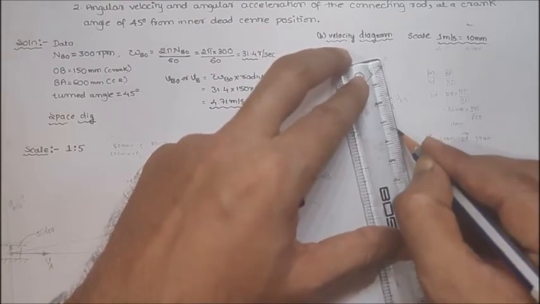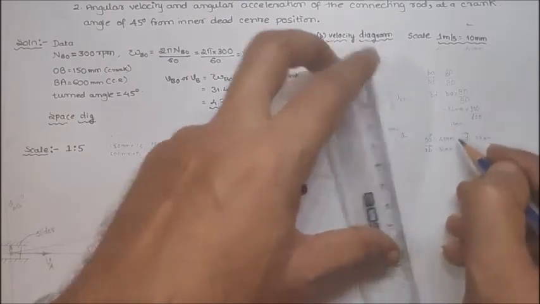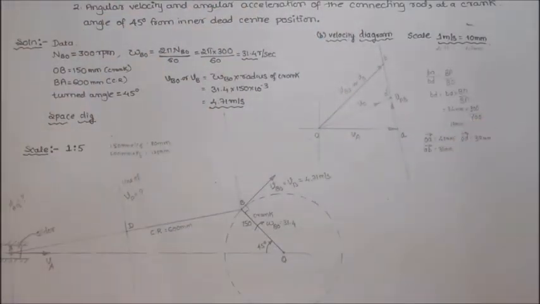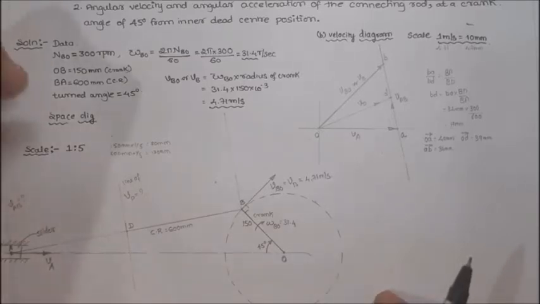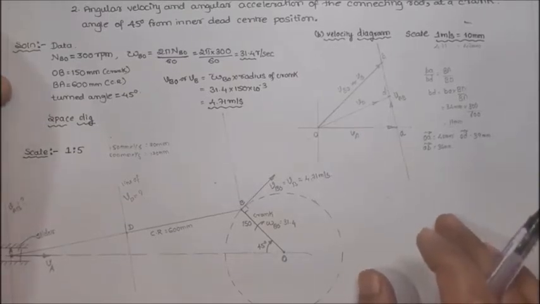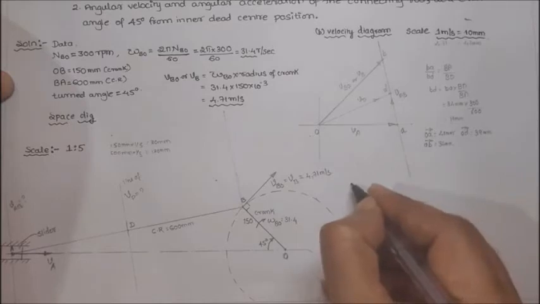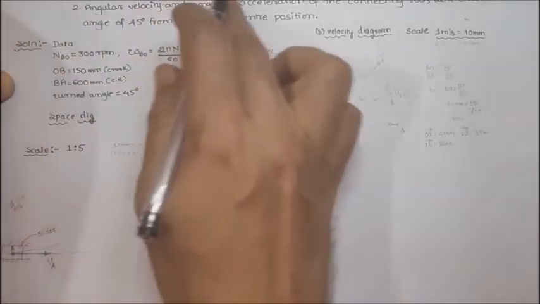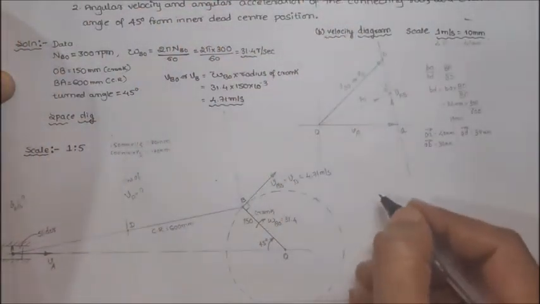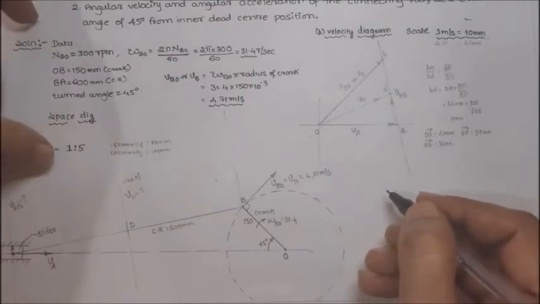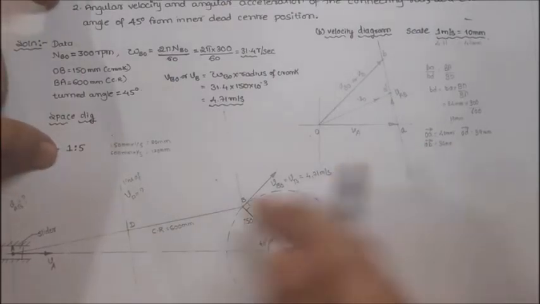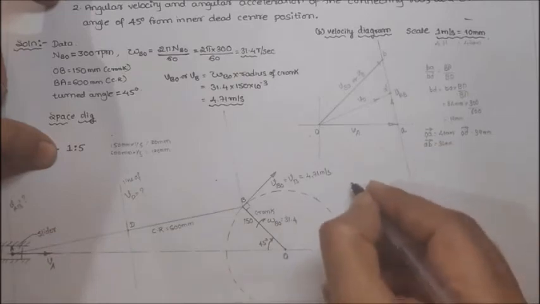So it is 34 mm. So all these vectors we have got. Now we need to find out the velocities at these particular points. First we will find out the linear velocity for the connecting rod.